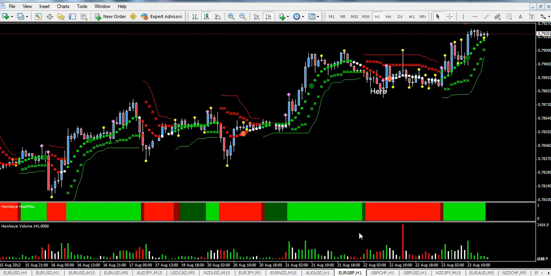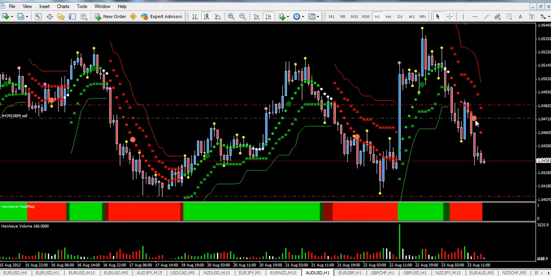Now, for example, if we go back to that Australian dollar versus US dollar, can you see the no progress star here? If this market, which is down here, was up there and I'd had enough for the day, then that's when I use the no progress indicator and I'll get out.